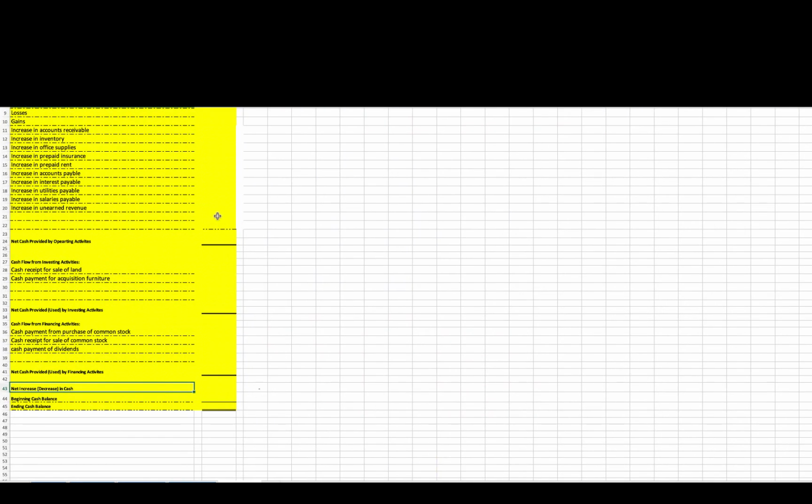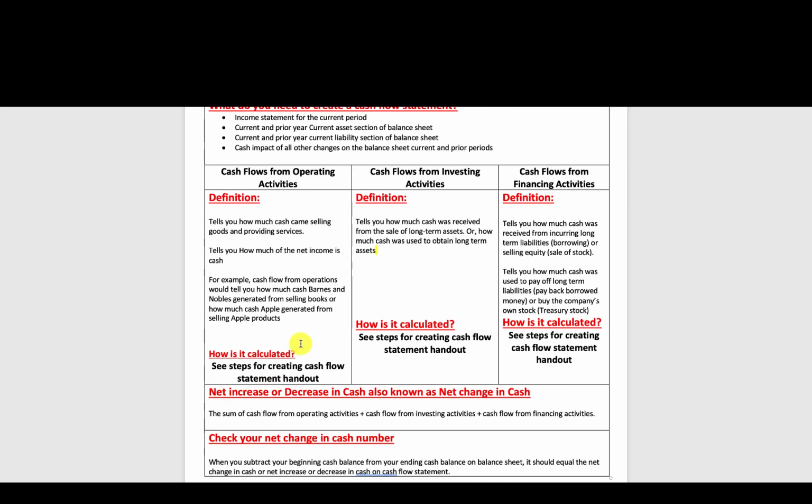So you add the operating, investing, and financing numbers to get the net change in cash, and then you can check that it's correct because the difference between the beginning and ending cash balances should equal the net increase or decrease in cash. All right?